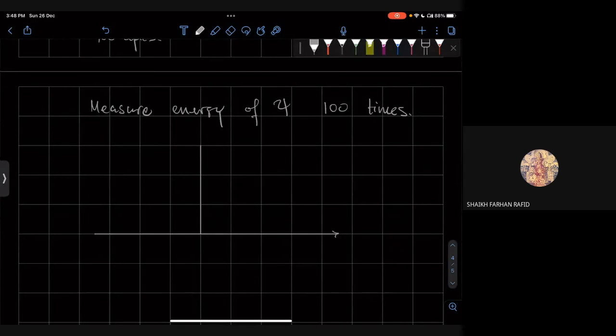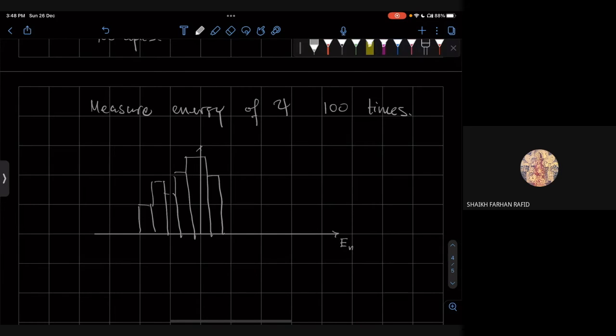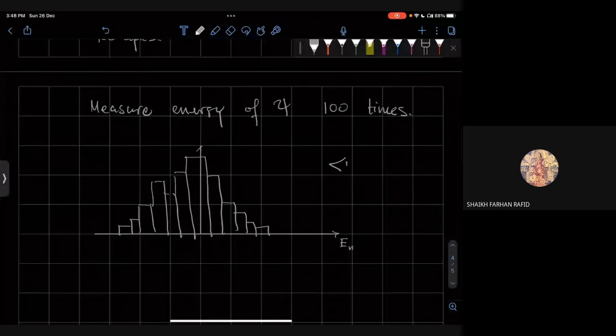I will get some distribution of values of En, and I might have a histogram. That will give me the average of the energy.